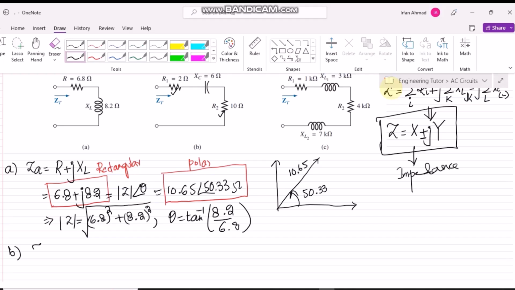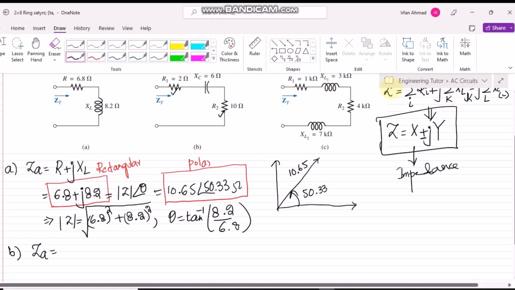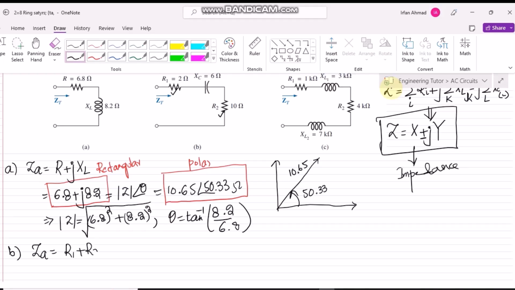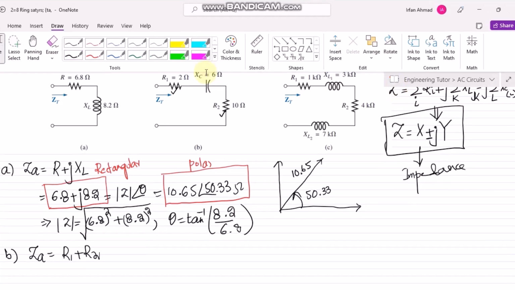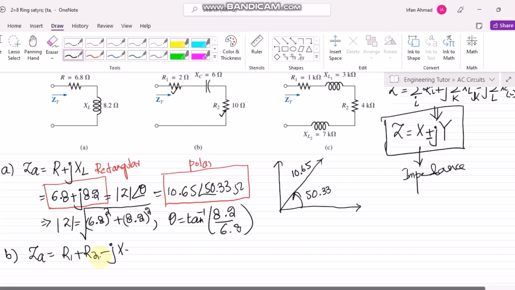So, in order to write the ZB here, I have to add R1 plus R2. And as we have the capacitor here, in order to represent the capacitive reactance, I have to write minus J, and then the X of C.